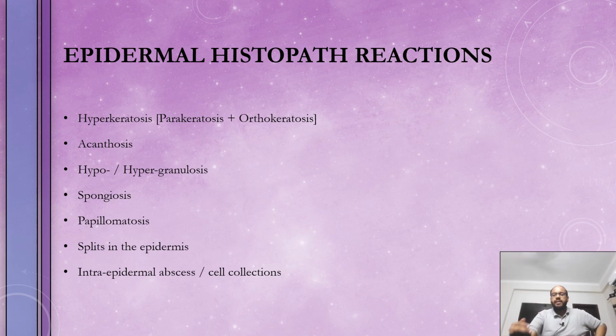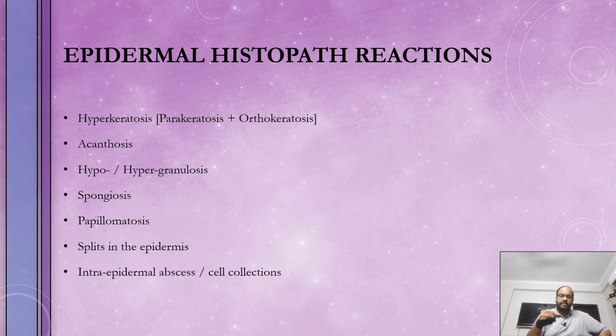So all of these things that we will discuss subsequently are not reaction patterns per se. They are how an epidermis will react to different stimuli. And in any skin disorder, you have multiple different kinds of findings, and you take all the findings together to strengthen your diagnosis.